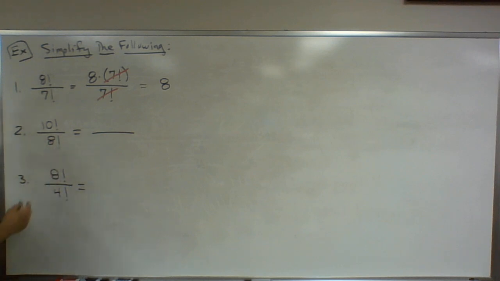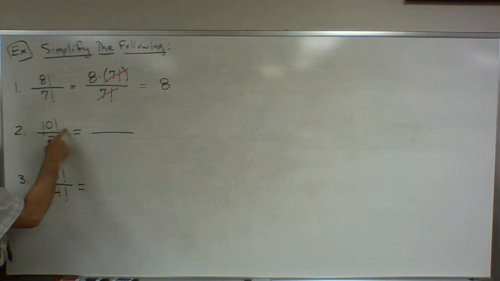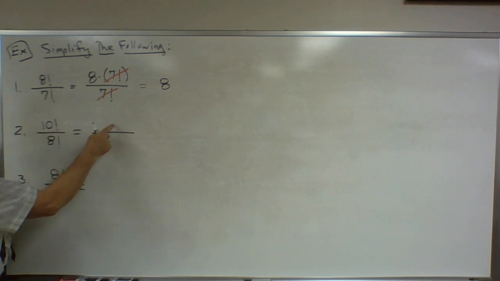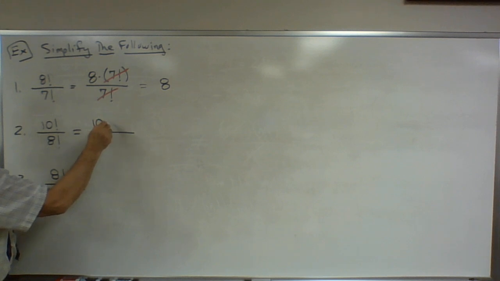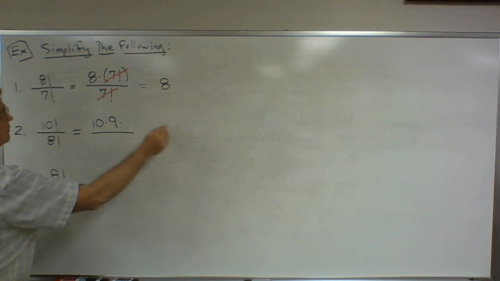Before we do this one, let's just do a retrospective of this. Notice what we did. We took the larger factorial and wrote it in terms of the smaller factorial. That's exactly what we're going to do here. 10 factorial is 10 times 9 times 8, 7, 6, 5, 4, 3, 2, 1.